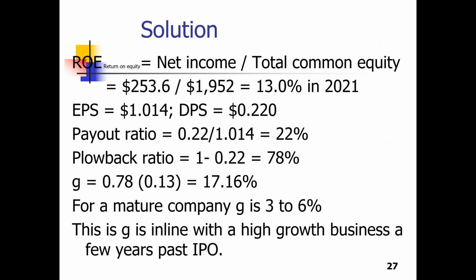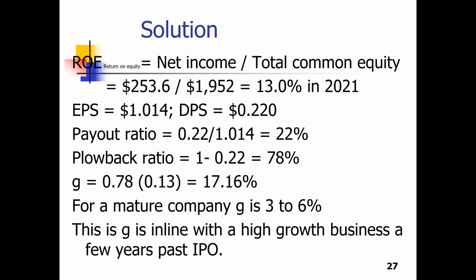Now, if we want to calculate growth rate for this company, the growth rate would be return on equity, which is 0.13 multiplied by plowback ratio, which is 0.78, and that's 17.16%. So we have a growth rate to put in the Gordon's formula.